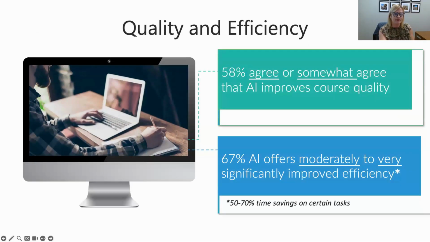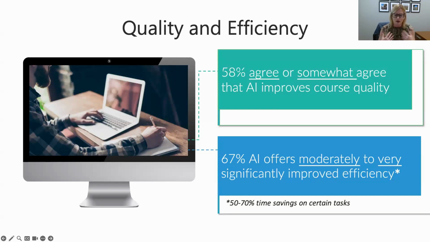So quality and efficiency, 58% agreed or somewhat agreed that AI improves course quality. And then 67% said AI offers moderately to very significantly improved efficiency.